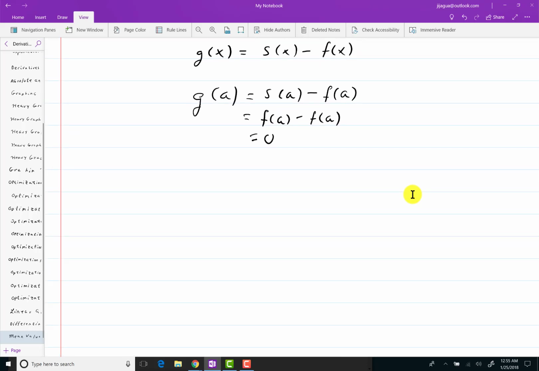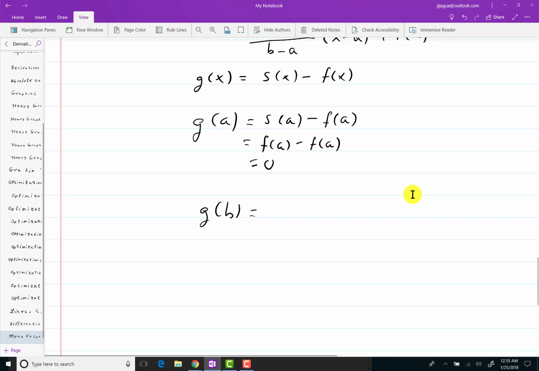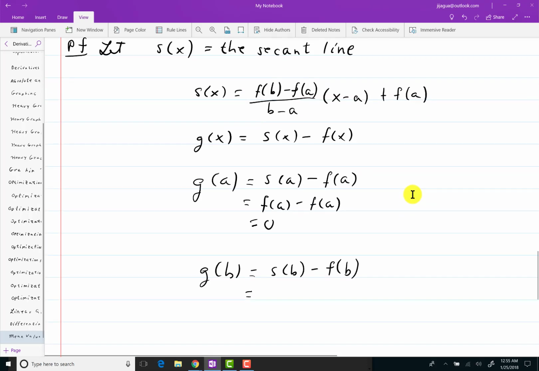And then g of b will equal s of b minus f of b. That equals, if I replace x with b, this part here will become b minus a.